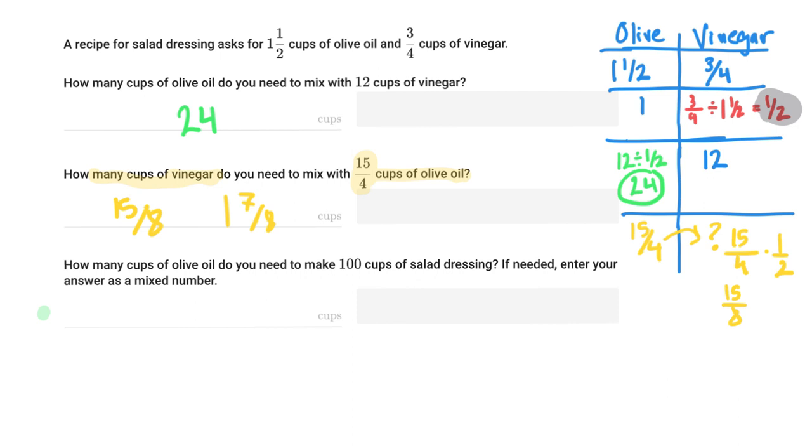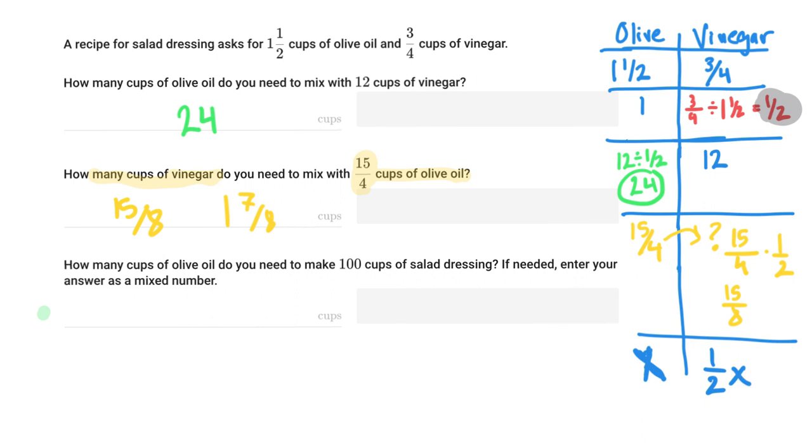All right, the next question here says, I'm just going to keep filling my chart in. How many cups of olive oil do you need to make 100 cups of salad dressing? Now this is a really tricky question. I'm going to let my olive oil be my x, and I know that my vinegar then would be 1/2 x.